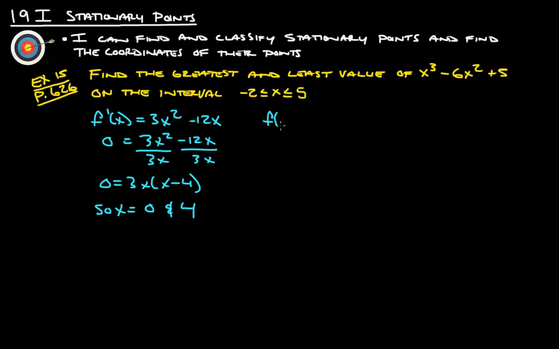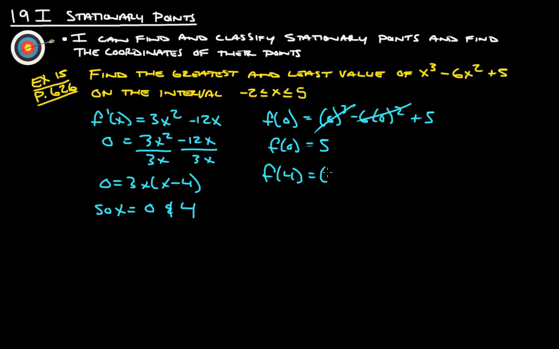So f of 0 equals 0 cubed minus 6 times 0 squared plus 5. That turns into 0, that turns into 0, so f of 0 is 5. And then f of 4 is 4 cubed minus 6 times 4 squared plus 5.